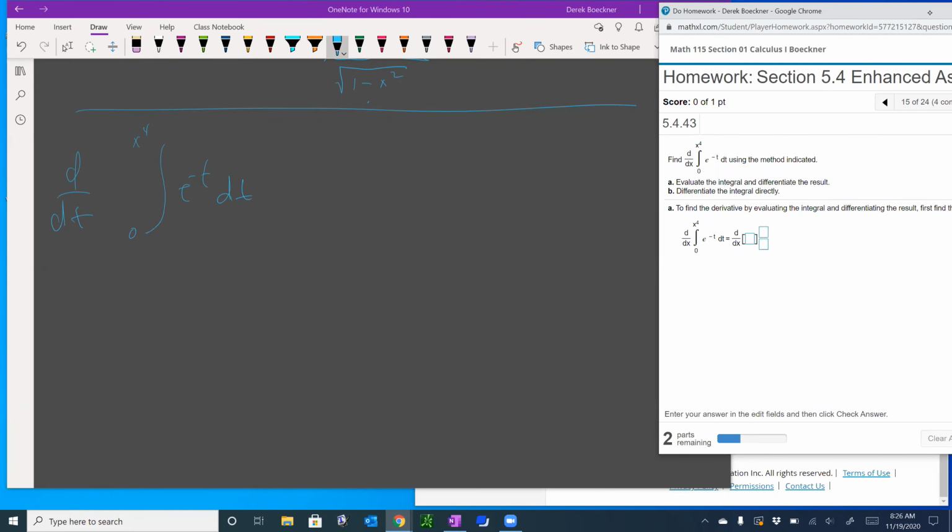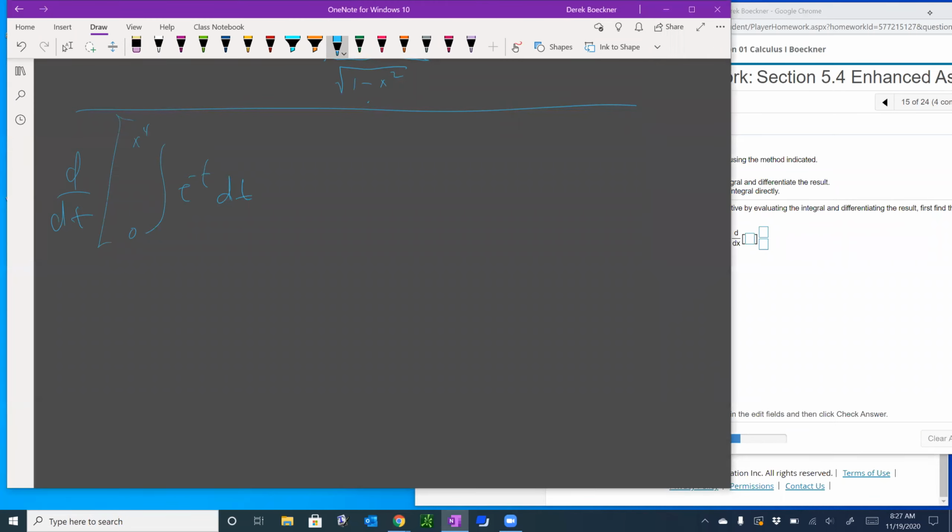And it says first evaluate the integral and then differentiate the evaluation. Okay. The first thing we're going to do is we're going to evaluate the integral. We're going to ignore that we're going to take a derivative here.